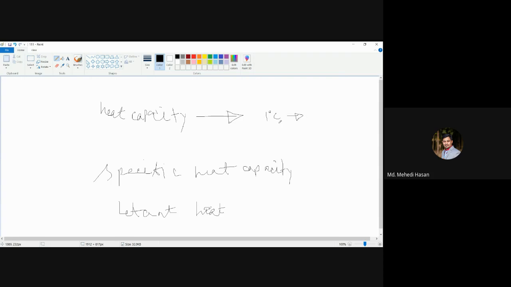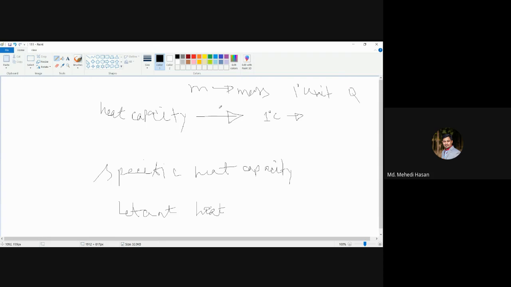So this amount of heat energy required for a temperature increase of 1 unit is called the heat capacity. Say if we consider a mass object m, and to increase the temperature by 1 unit, the required heat is q.